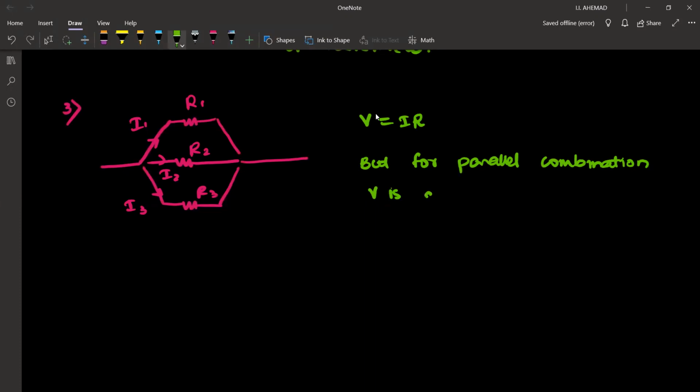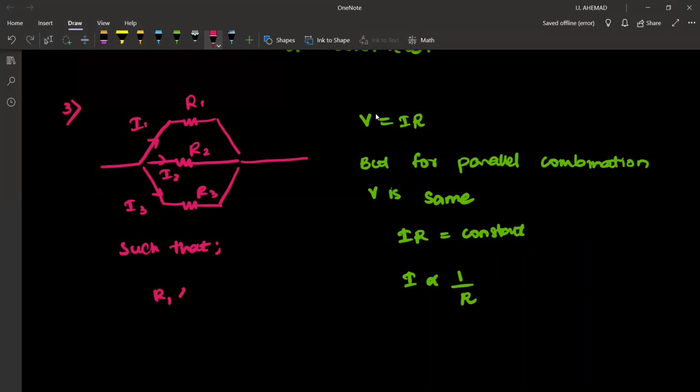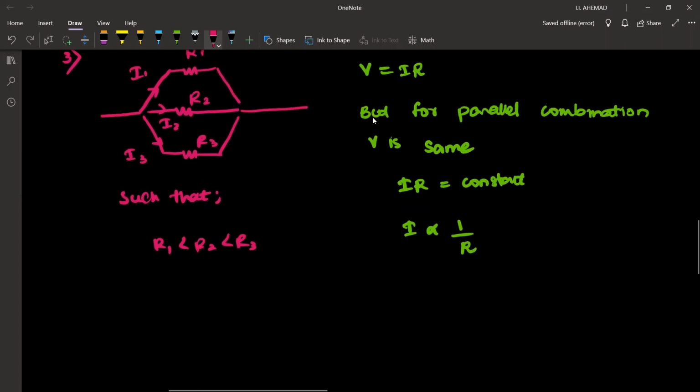Therefore, IR is equal to a constant. Therefore, I is inversely proportional to R. So here, such that R1 is less than R2, which is less than R3, if we compare the current through each resistor, I1 is greater than I2, which is greater than I3.